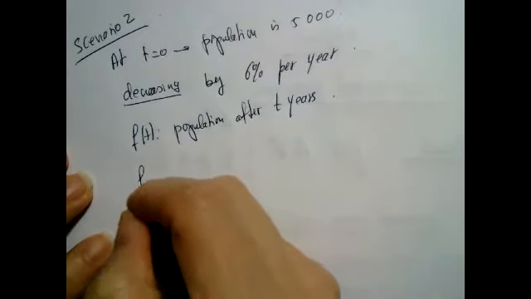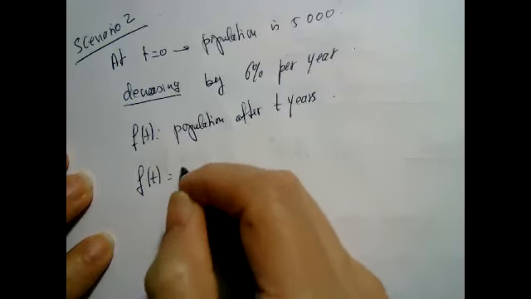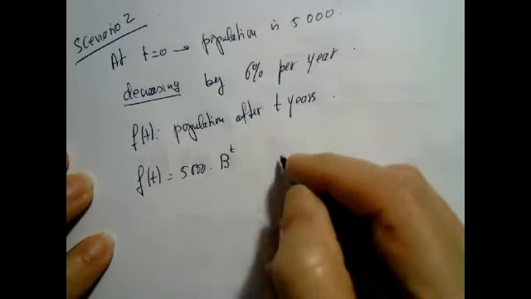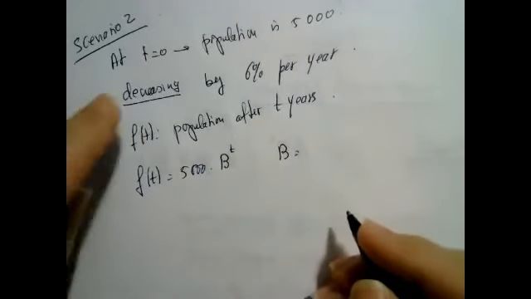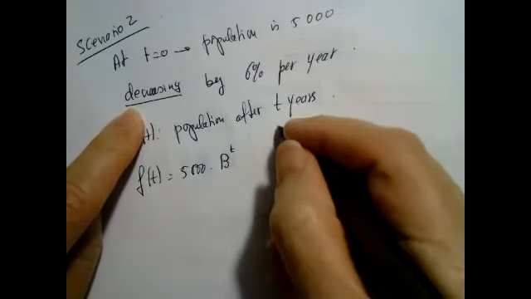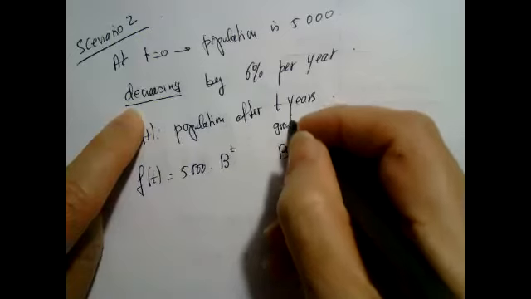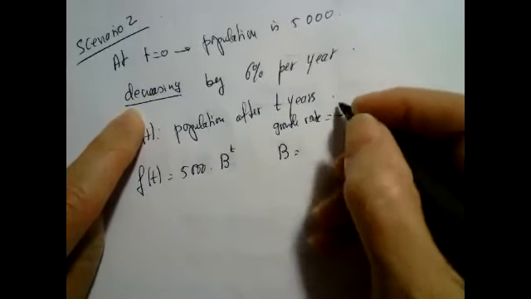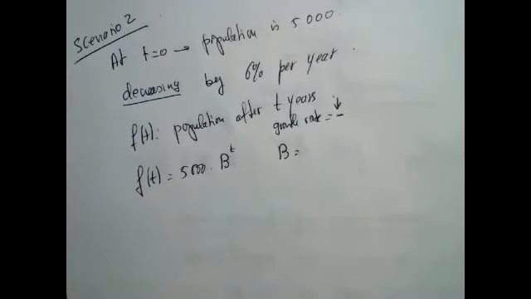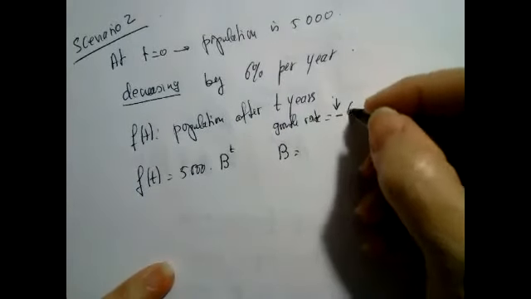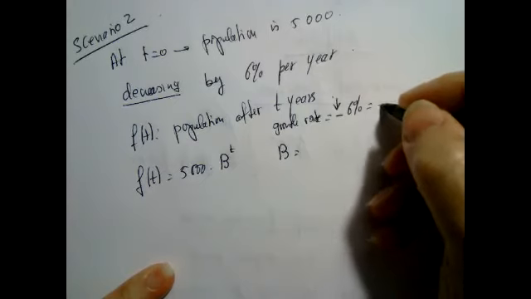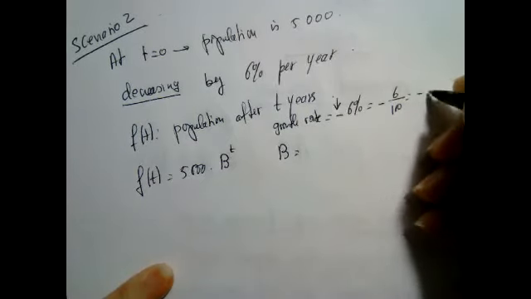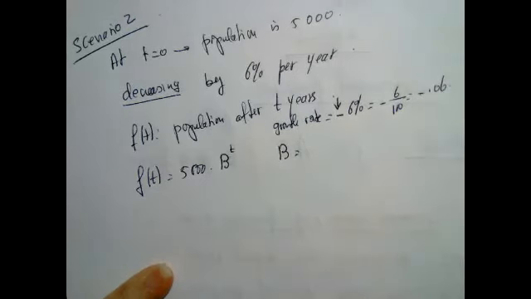So here f of t will be 5,000 times b to the t. And let us see what b is. Since we have a decay, the growth rate is a negative growth rate. Things are decreasing. Minus 6% means minus 6 over 100, minus 0.06.